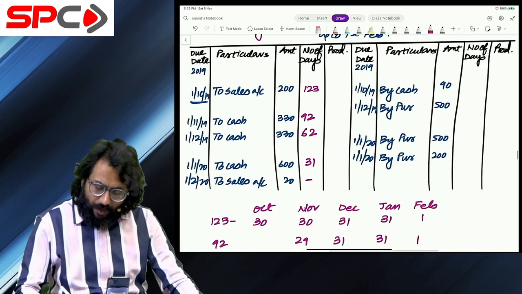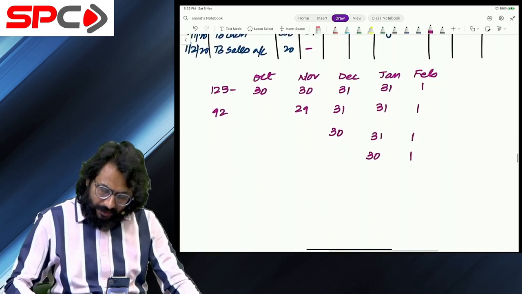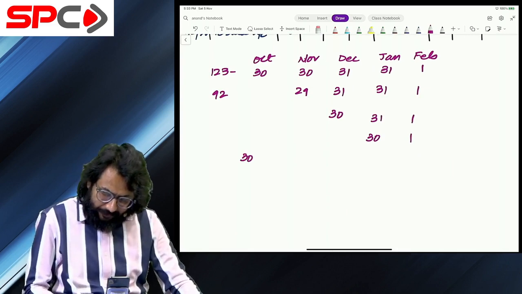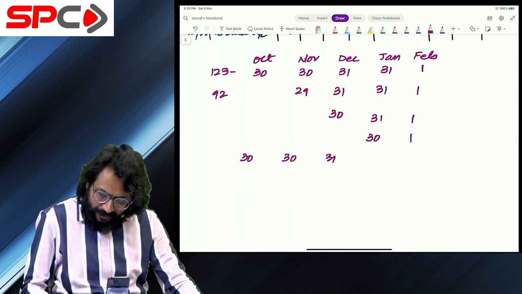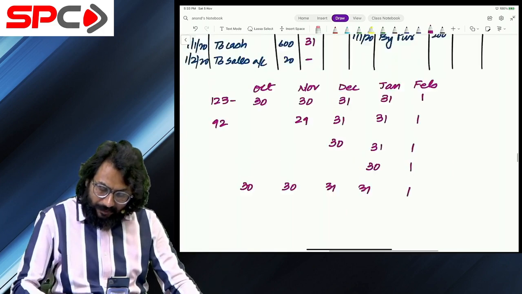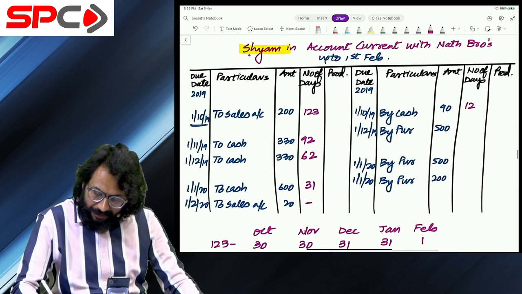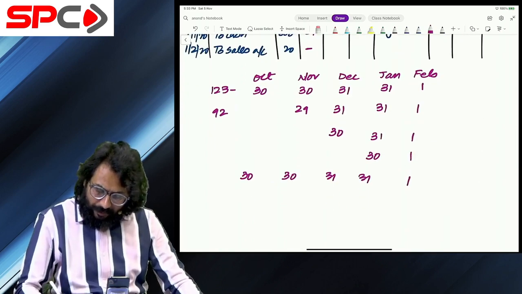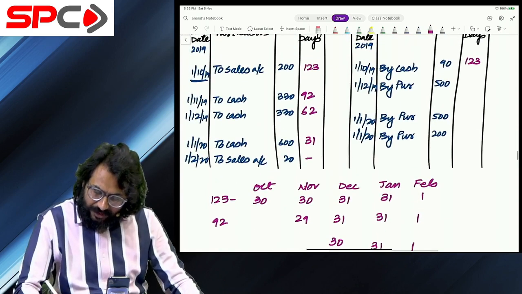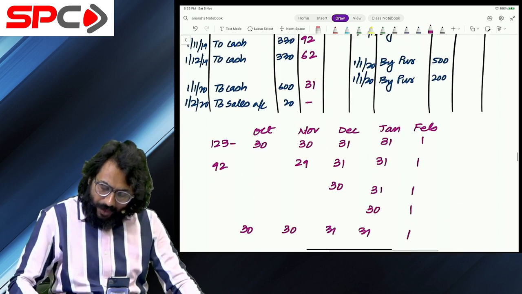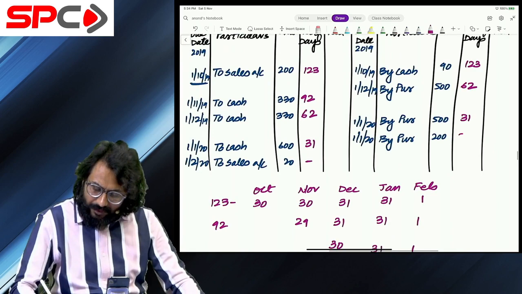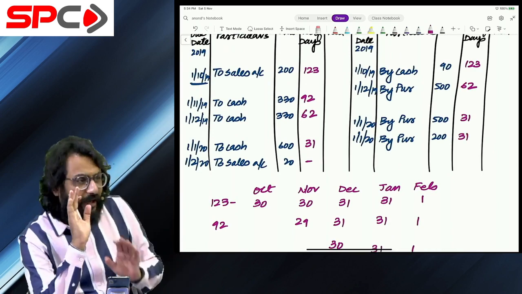Then my dear friend 110, so 30 plus 30 plus 31 plus 31 plus 1, how much? 123. Now 112, 30 plus 31 plus 1, it is how much? 62. Then 1 1, so can I not say 30 plus 1? 31 and 31.